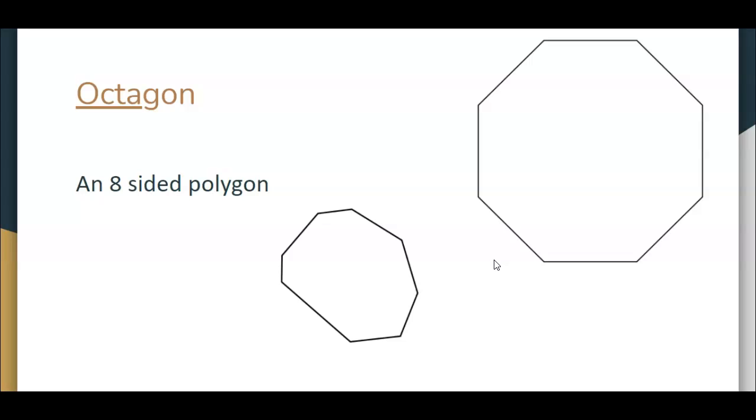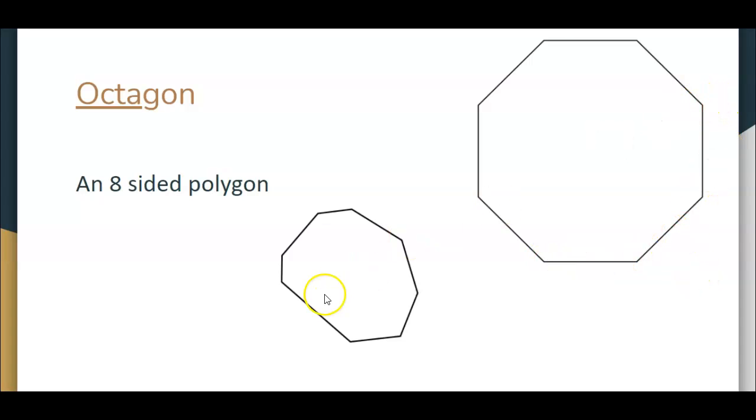So a regular polygon, all the sides and all the angles are the same. So this bigger octagon right here would be what we would call regular because every single side is exactly the same and all of the angles are the same measure.